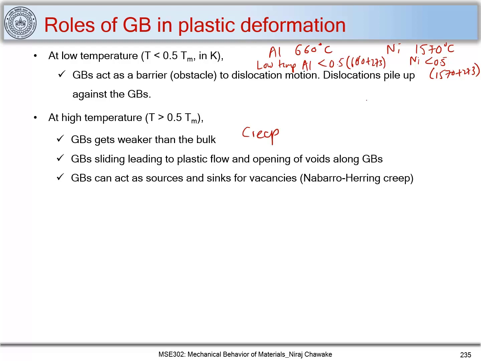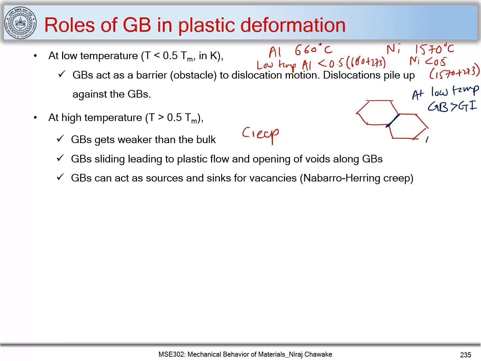For right now, let's say you have two grains, with a schematic I'm representing. You have two grains like this, and you have a grain boundary. These are the grain boundaries. At low temperature, these GBs will be stronger. The GB strength will be greater than the grain interior strength.